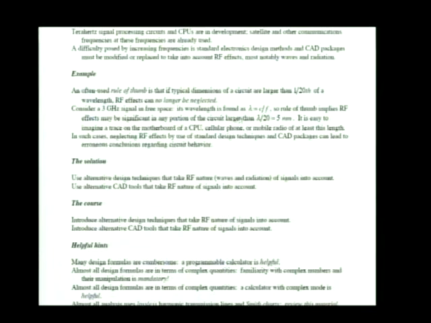So you come out with 0.1 for lambda, 0.1 meters. Let's see here. Divide that by 20. And you get 0.5 centimeters or 5 millimeters. That's what a 20th of a wavelength is at 3 gigahertz.